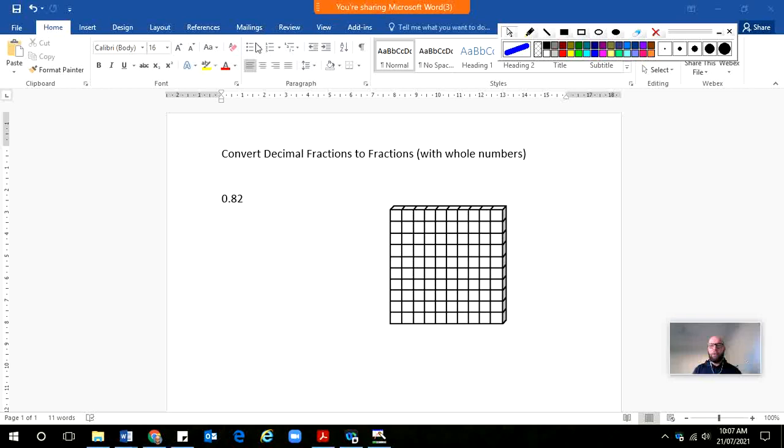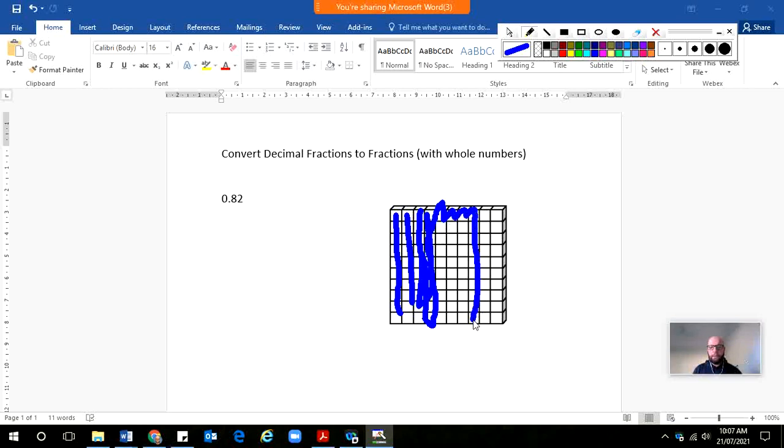So when you look at the screen, the fraction I've written is 0 and 82/100ths. Now we know if we're going to write that as a fraction, let's even colour it in first. Assuming this shape here is a whole, 82/100ths will have all of this one. So we've got 30, 40, 50, 60, 70, 80.